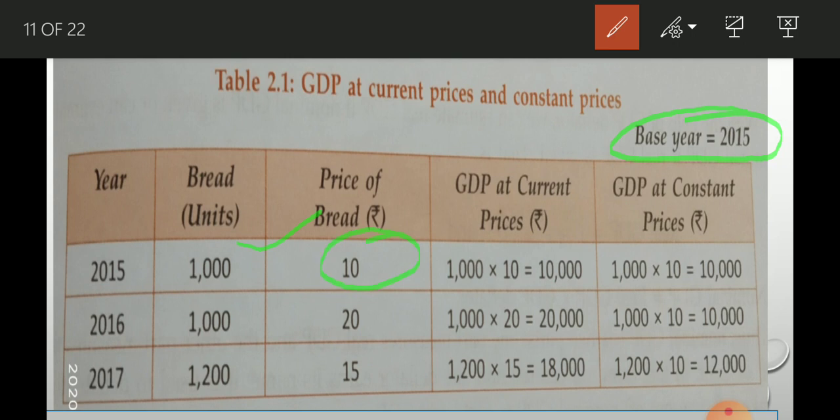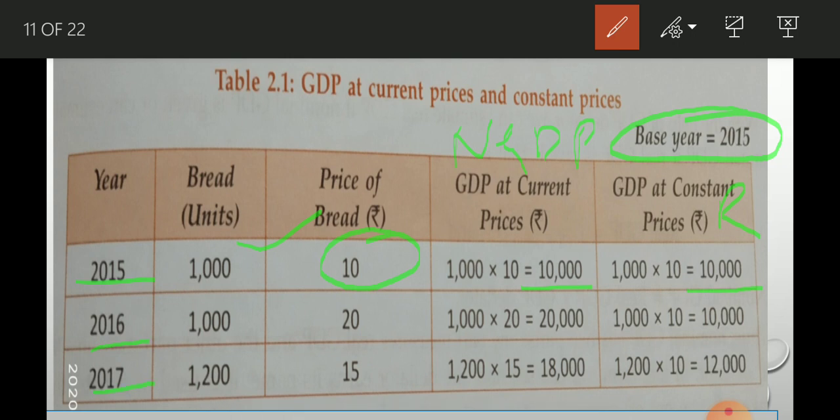In this way the nominal GDP is equal to 10,000 and real GDP is also 10,000. Why? Because we had taken 2015 as the base year. Now we are going to compare this base year 2015 with 2016 and 2017.